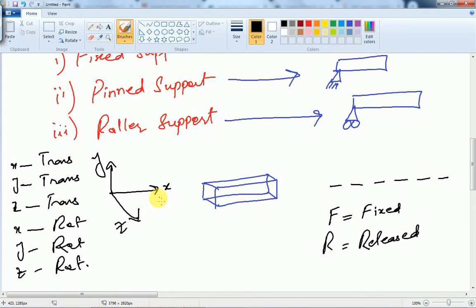Now we try to check. For example, if the body can move along the x-axis, then we can write that x translation is permissible, or we can use the word released. Along the x-axis, the body is free to move and the body is released.